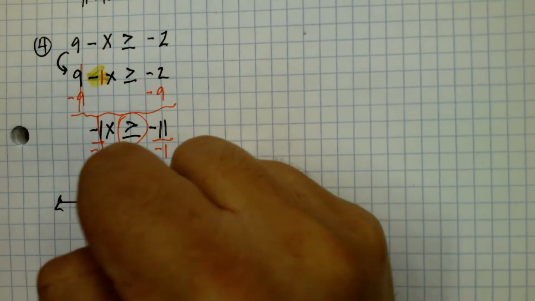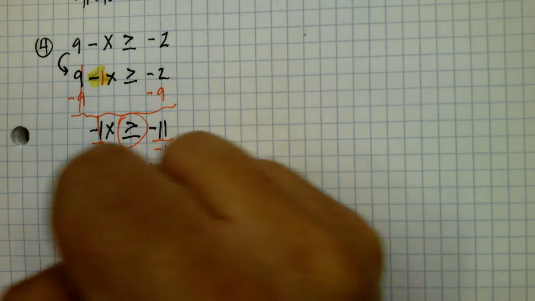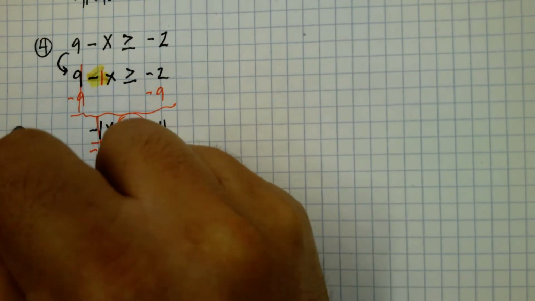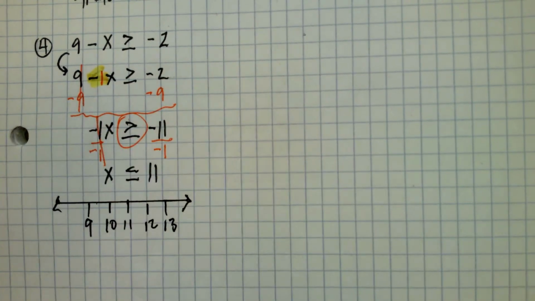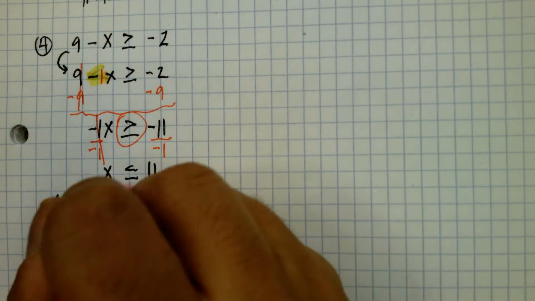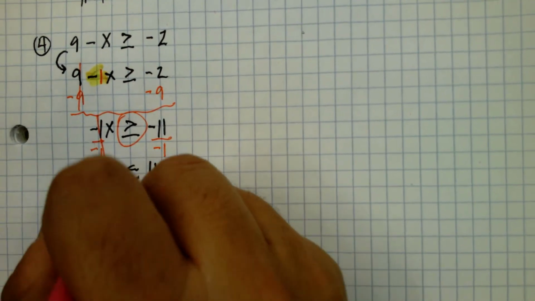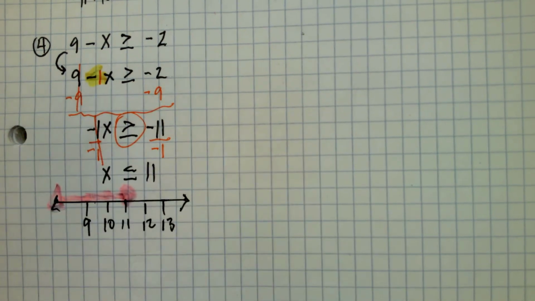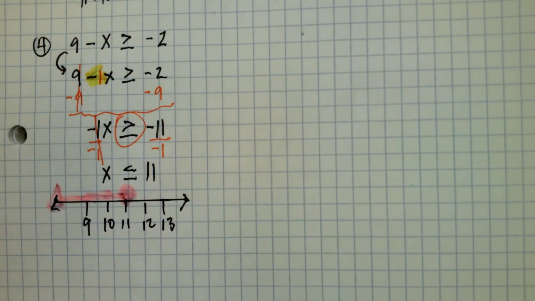A couple numbers bigger than that. A couple numbers less than that. And we're ready to graph. I see the bar underneath, so it's a closed point. And we want everything smaller.